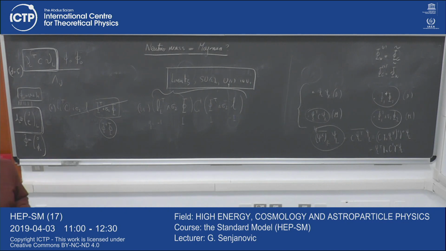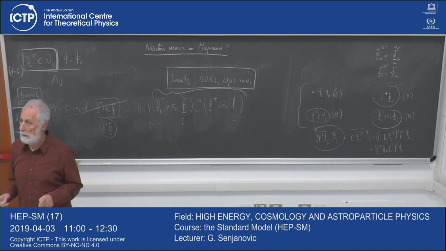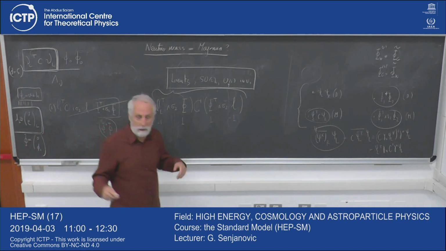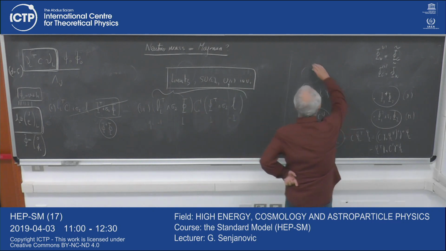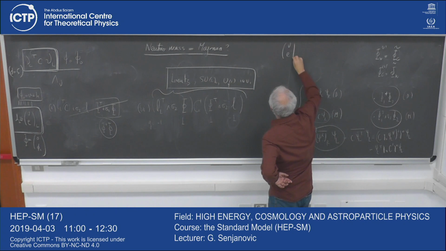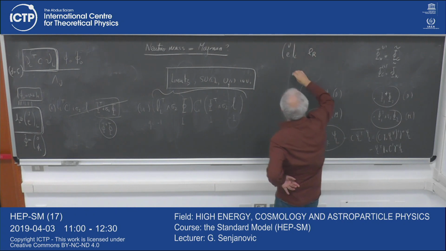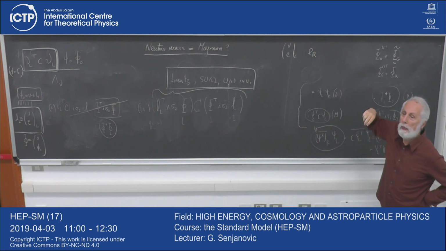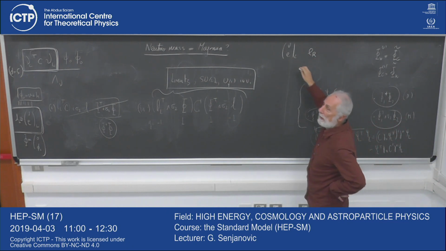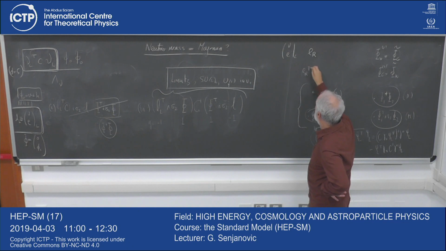I'll try to explain a little better in a few weeks why there will be a problem if you don't do that, because you may get infinities that appear in higher orders and so on. So then I go back to, for example, the case of the electron. Let's think of the electron. I can write the following mass term.